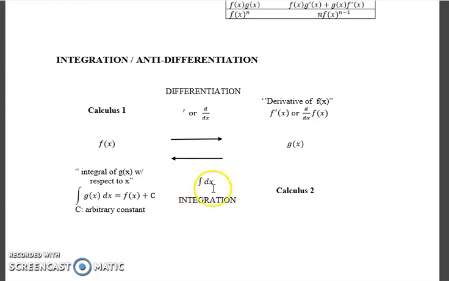So when this is performed on g of x, it is written in this way, and this is read as integral of g of x with respect to x. And its value, as I was saying a while ago, is the set of all functions whose derivative is g of x. So c is an arbitrary constant.